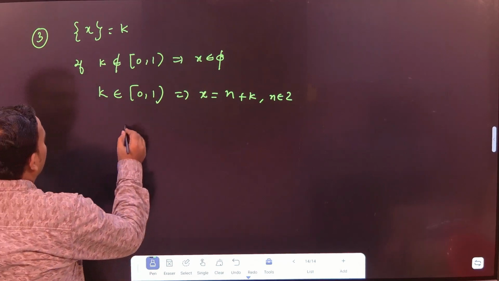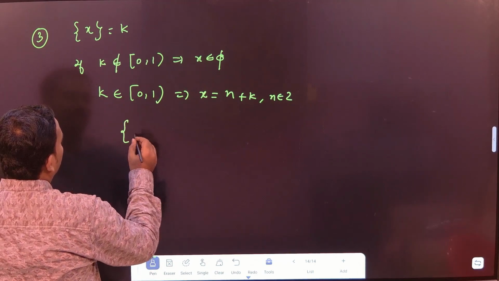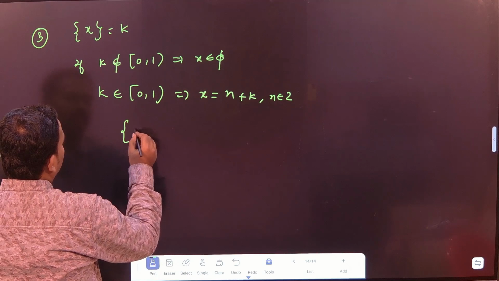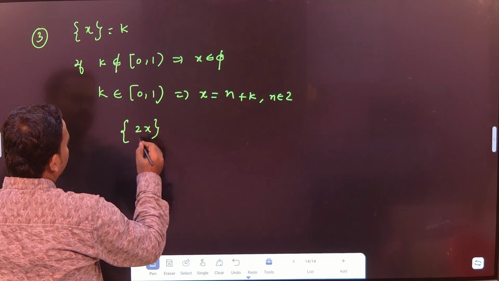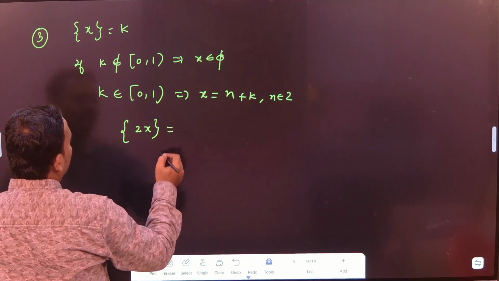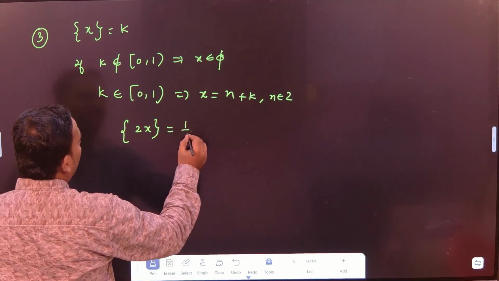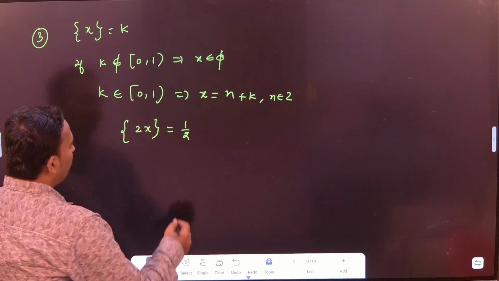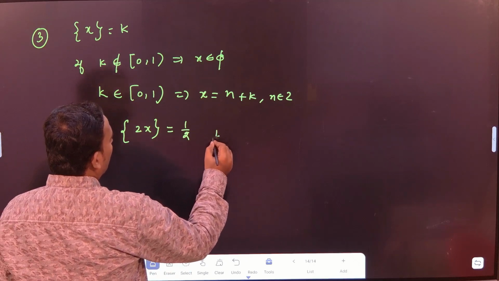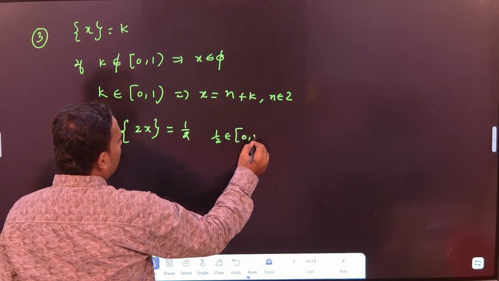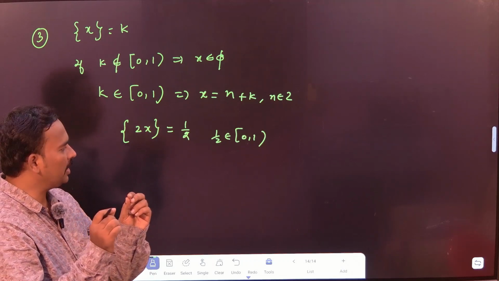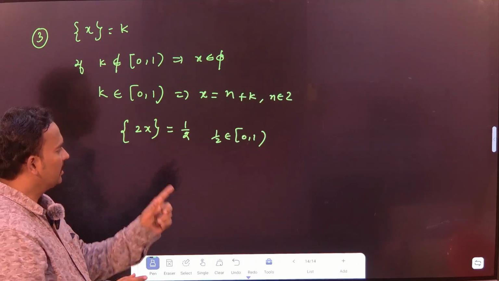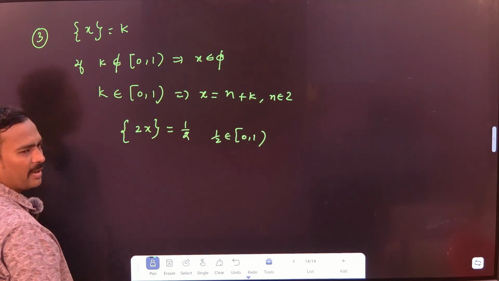For example, let's take the fractional part of 2x is equal to, let's take 1 by 2. Here 1 by 2 belongs to 0 to 1 only, right? The output of the fractional part function lies in 0 to 1, right? So 0 to 1 is there. Then you can find the x value.